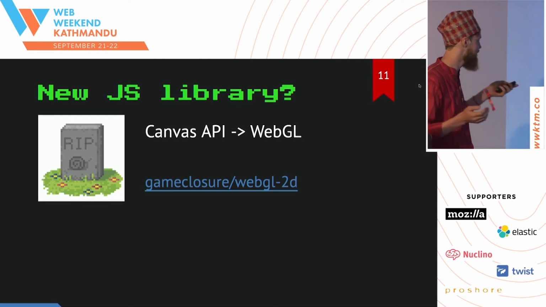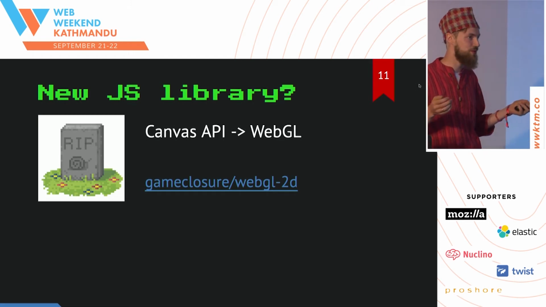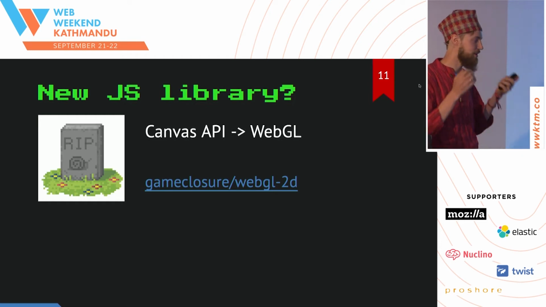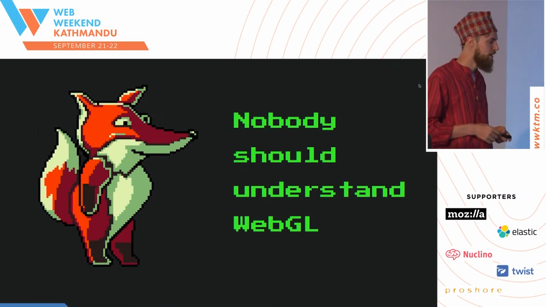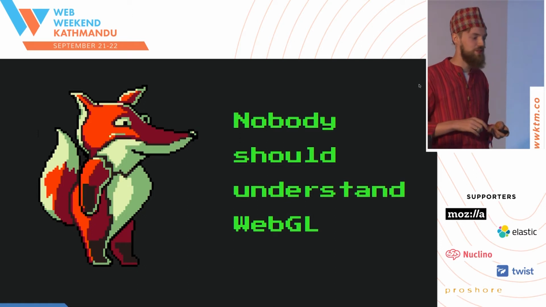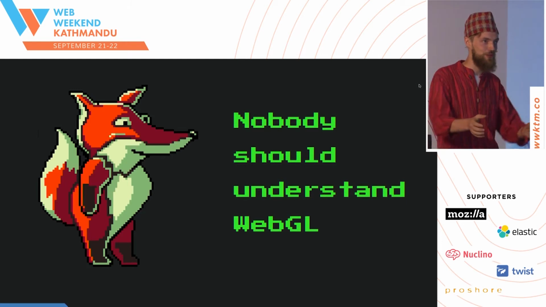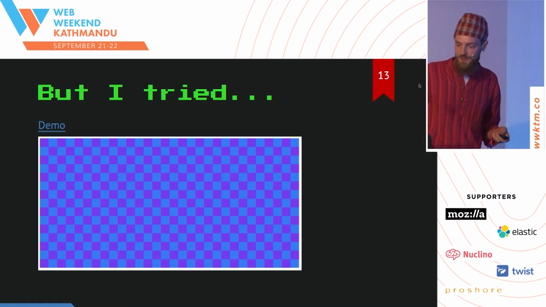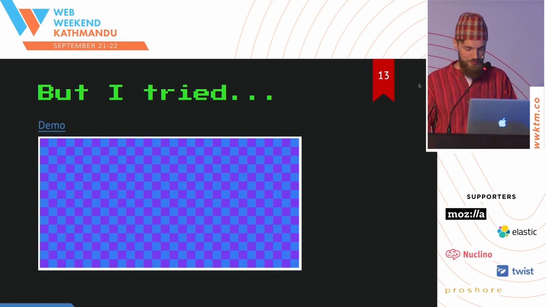It means that WebGL does not make all of the stuff faster that we want to see, but we can work with it because WebGL is totally different, and it means that we need to think differently. It looks like a theory that nobody should understand WebGL except a few experts, a few professionals that grab a few vacancies all on the marketplace. But I tried to make it, and I made my first demo to understand WebGL.